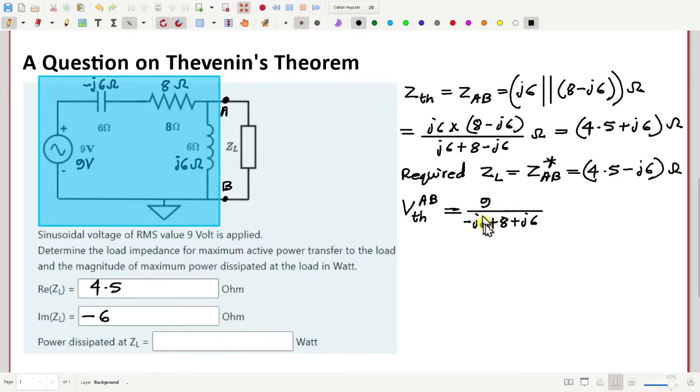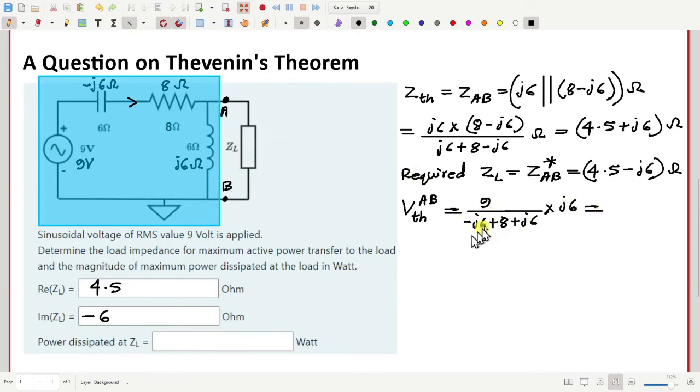This is basically the current that would flow here in the absence of the load. Now this current multiplied by this impedance J6 will be the voltage between A and B in the absence of ZL. How much is this?